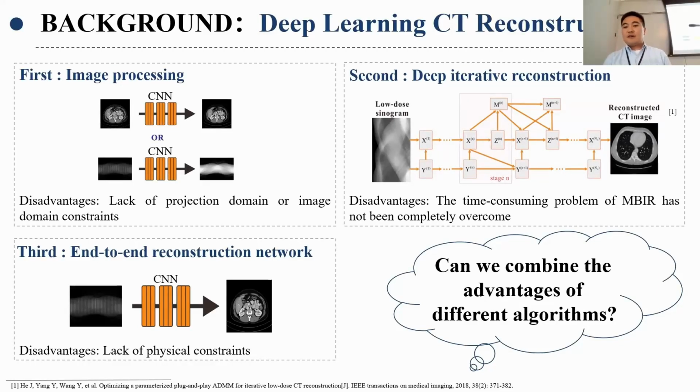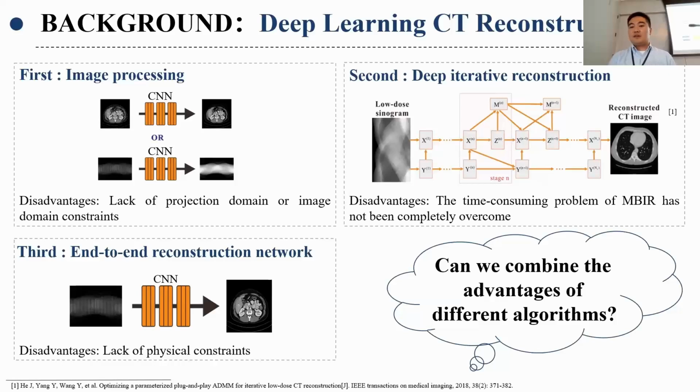The third category builds a projection-to-image reconstruction network. Through a lot of parameters with sufficient training, the network can directly learn the mapping from sparse-view projection to images without artifacts. An algorithm of this type uses the network to forcefully learn the relationship between two domains.